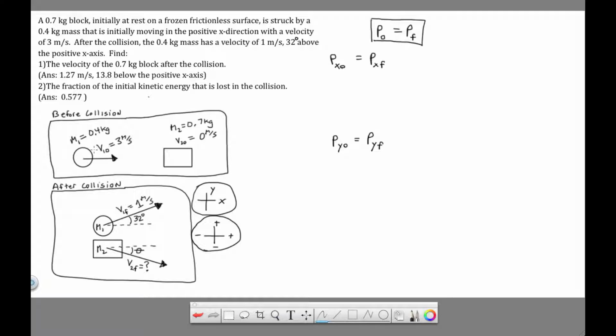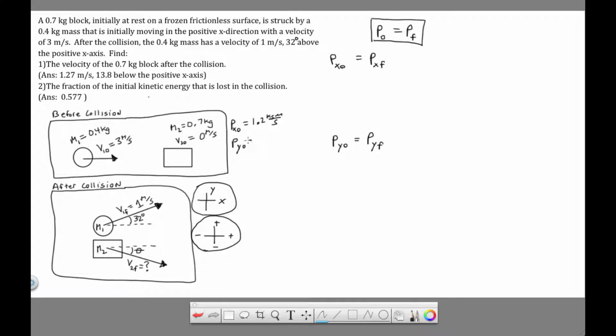So if we look at our situation, before the collision, all we have is an x momentum because there's no motion in the y direction. M1 comes in with an x velocity, and M2 has no velocity, so therefore no momentum. So our initial x momentum, the way you get momentum is mass times velocity, so 0.4 times 3 gives 1.2 kilogram meter per second.